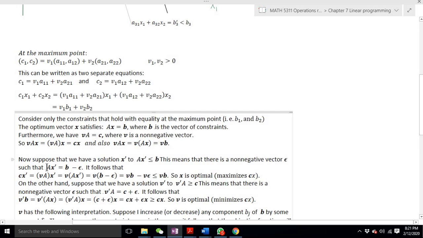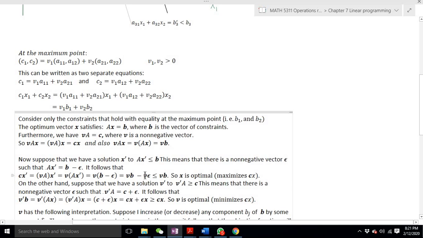All right, so let's multiply cx prime. All right, cx prime. Now remember, c is the same as vA, and I can reassociate, so that's vAx prime. Now Ax prime is exactly b minus epsilon. Okay, so that's vb minus v epsilon when I distribute the v, because I can do that in matrix multiplication.